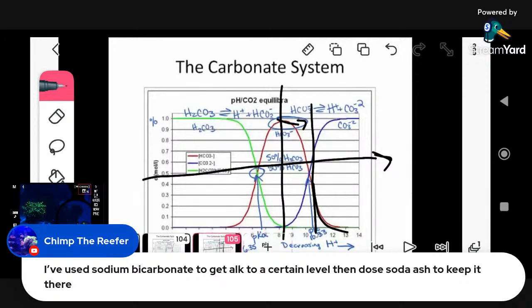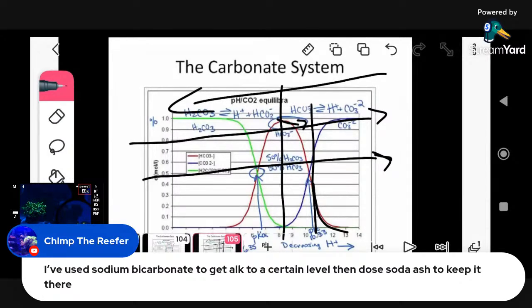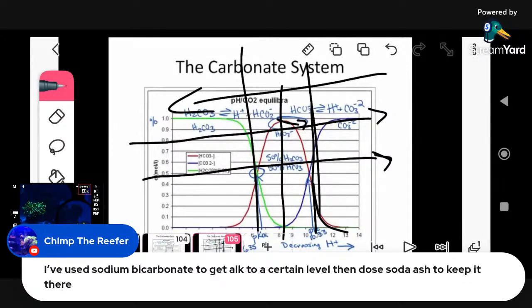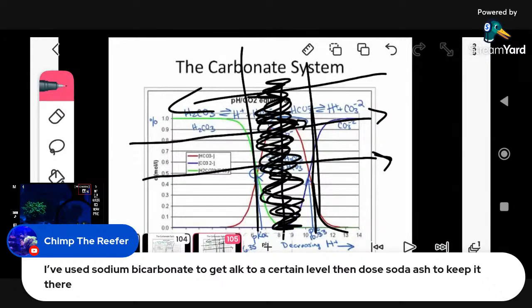But what Chimp is doing, he's throwing both. He's throwing the buffer. So when he throws the soda ash, it goes this way. When he throws in the baking soda, it goes this way, and it forms a buffer that kind of makes everything stay in this area right here. Okay, in that area. That's what Chimp is doing.